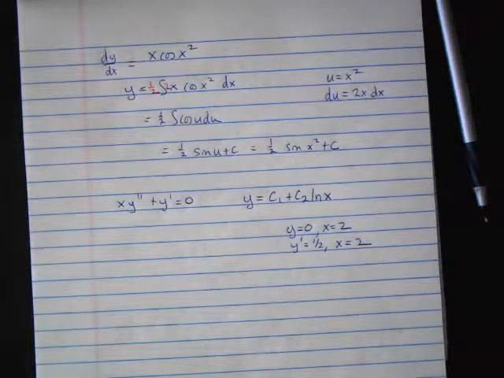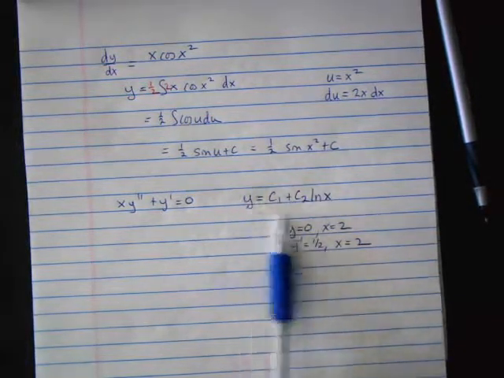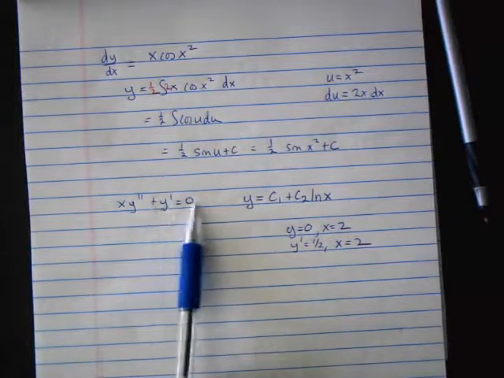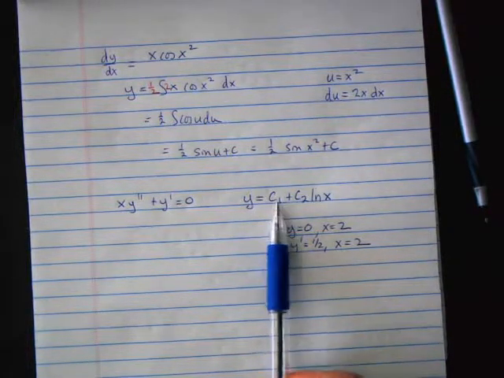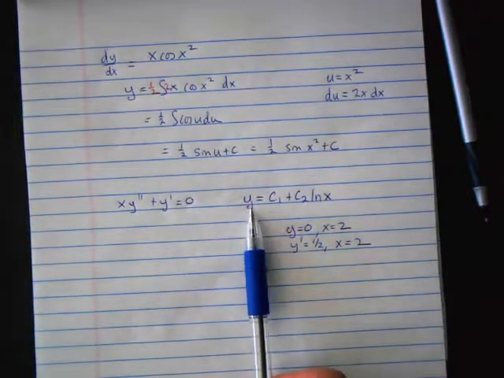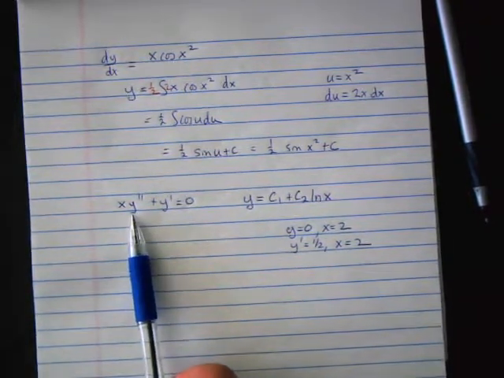Okay, so how do we first make sure that this equation really is a solution to this differential equation? It's easier than you think. Take the derivative, plug it in, take the second derivative, plug it in, and make sure it works.